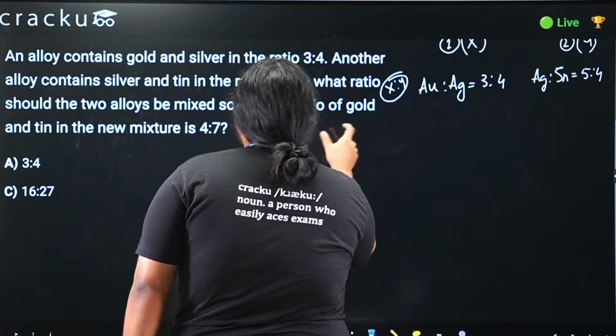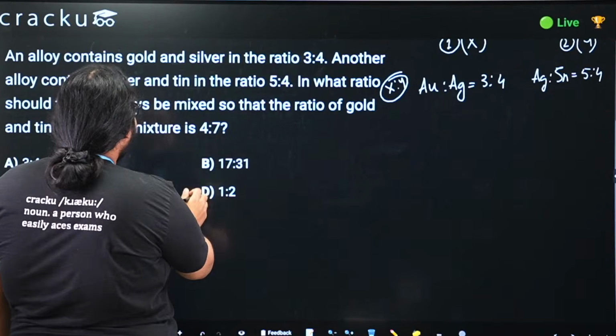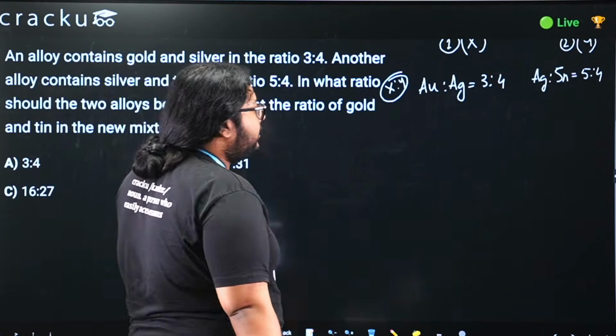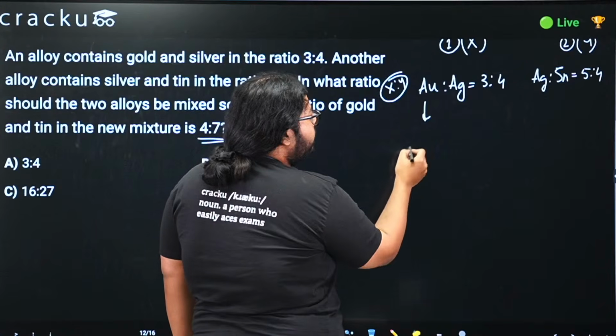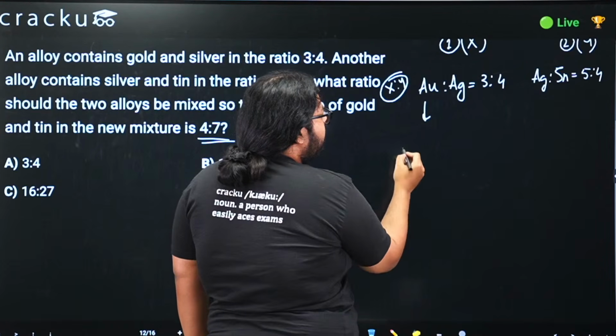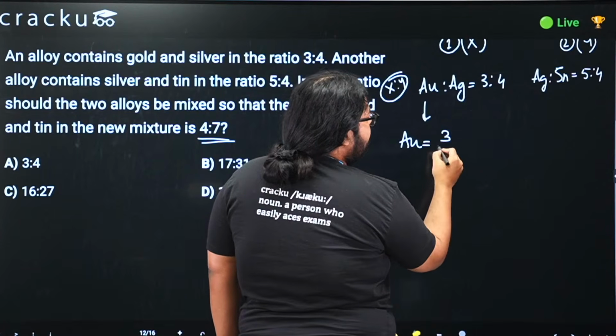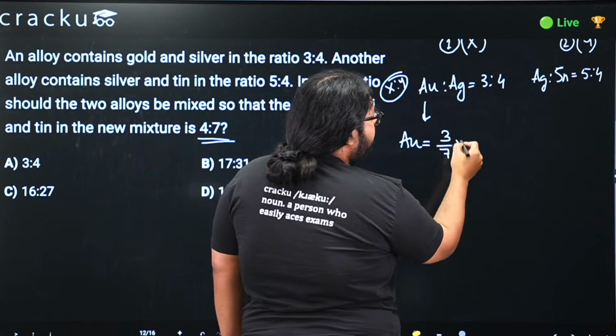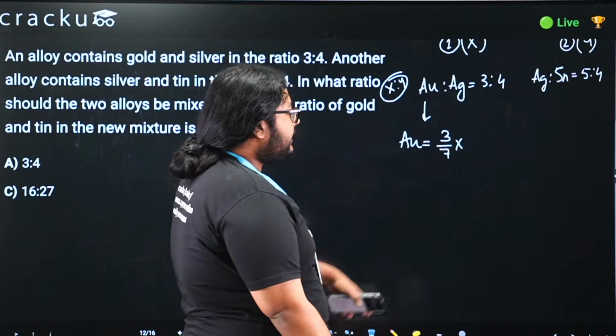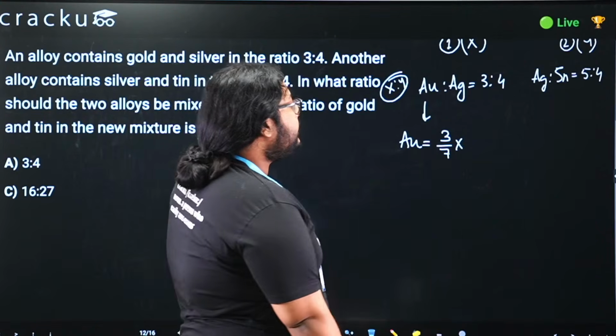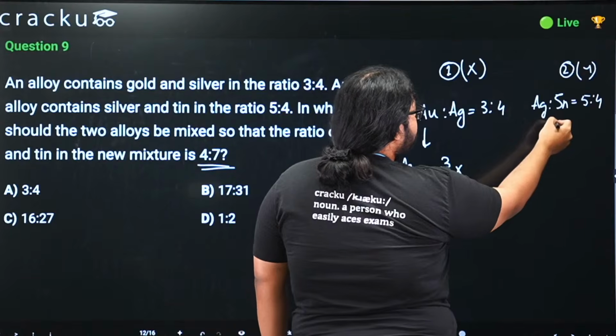In the final mixture, the ratio of gold and tin is 4:7. So what is the amount of gold? Amount of gold is 3/7 of x, since 4 plus 3 is 7. That is the amount of gold here. Right, and from the other alloy, what is the amount of tin?